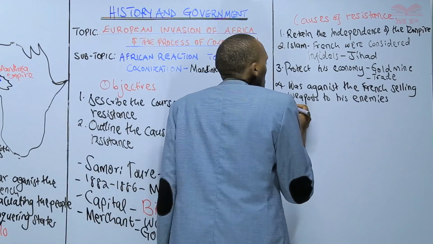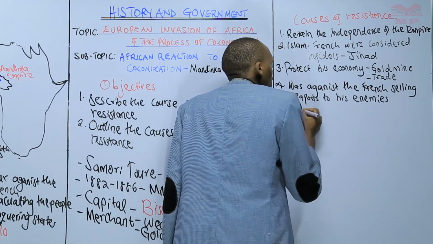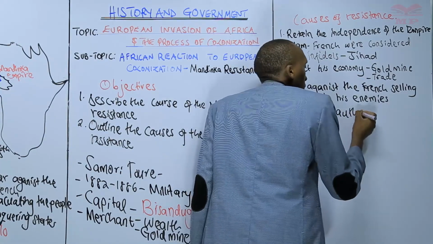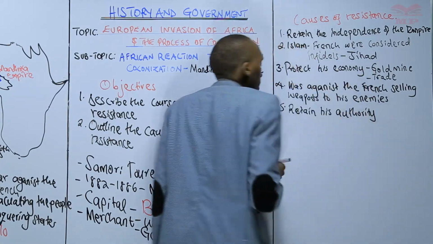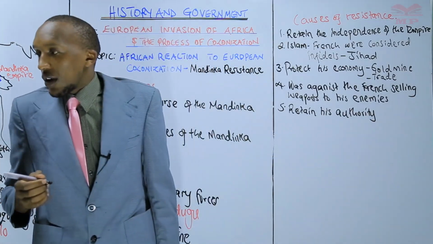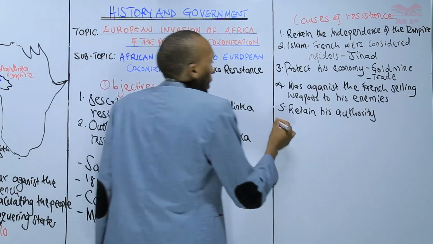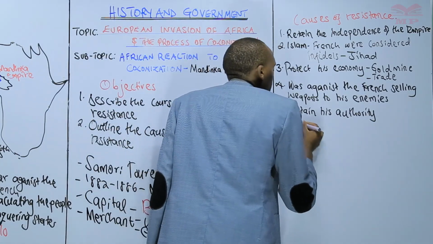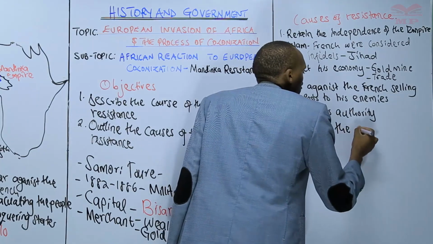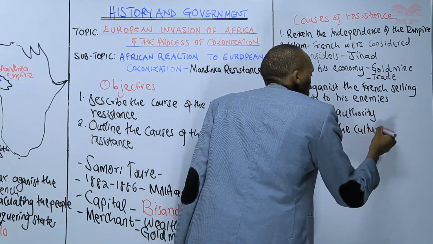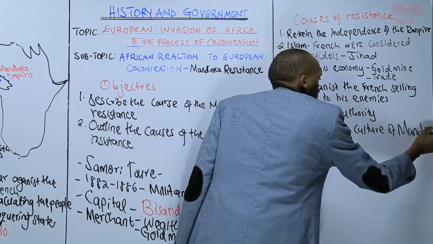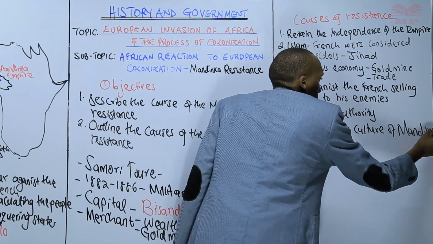And then he wanted to retain his authority as the leader. He wanted to retain his authority as the leader of the Mandinka Empire. And then also he wanted to preserve the culture of the Mandinka. Wanted to preserve the culture of the Mandinka.